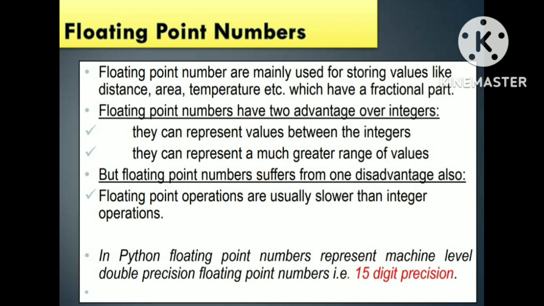But floating point numbers suffer from one disadvantage also. Floating point operations are usually slower than integer operations. In Python, floating point numbers represent machine level double precision floating point numbers, that is 15-digit precision.